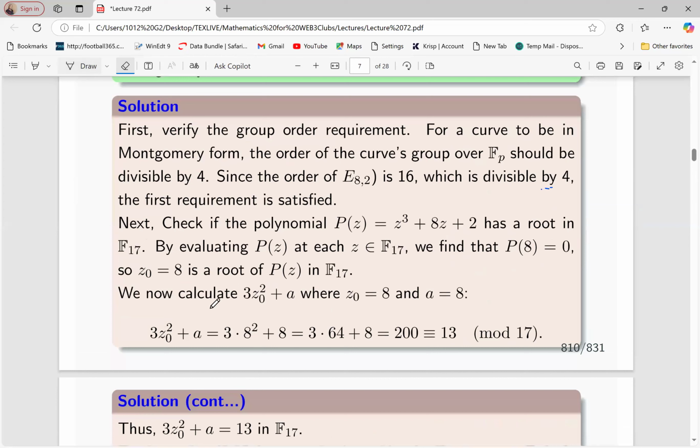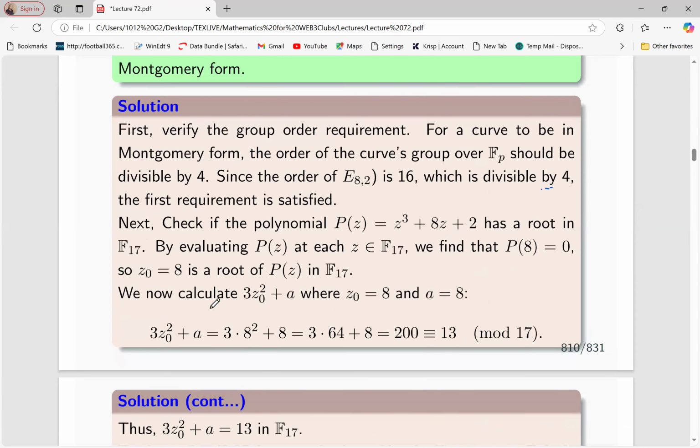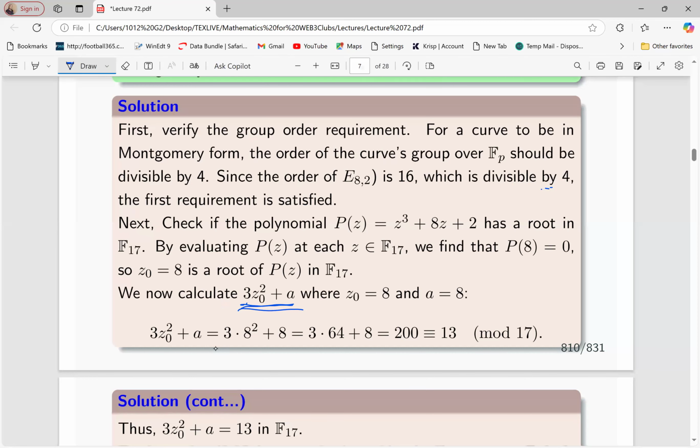Now, that root that you found, you now use it. The third condition is that it should have a square root.